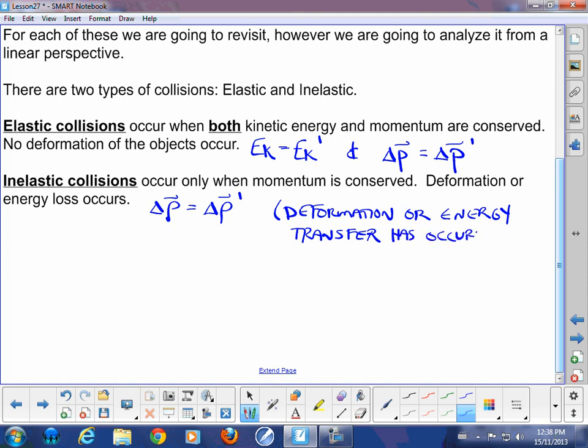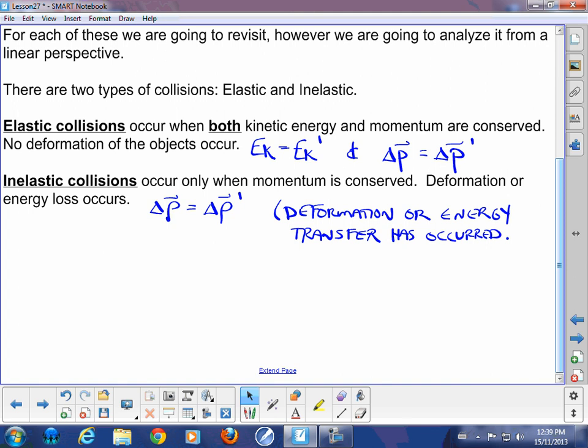The nice thing with inelastic collisions is that we've really just been talking about inelastic collisions for the first part of this unit because we've been talking just about momentum. We've assumed things have been colliding together, and we've only analyzed it from a momentum perspective.